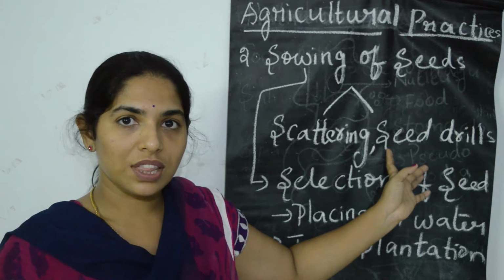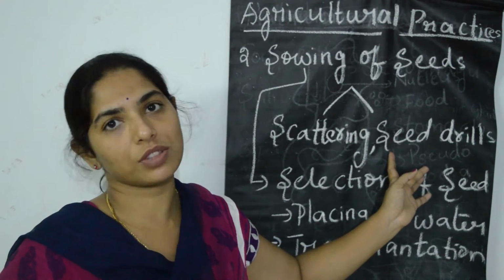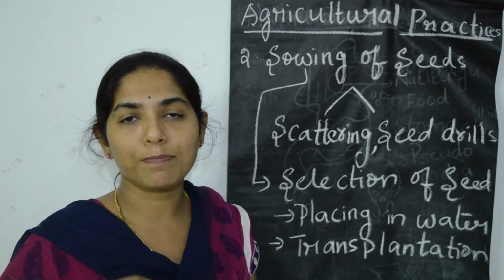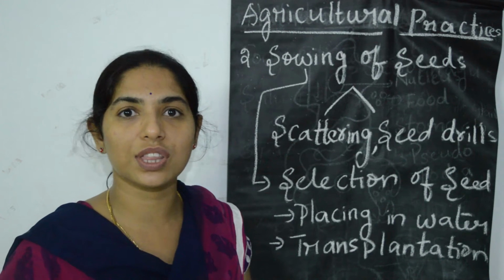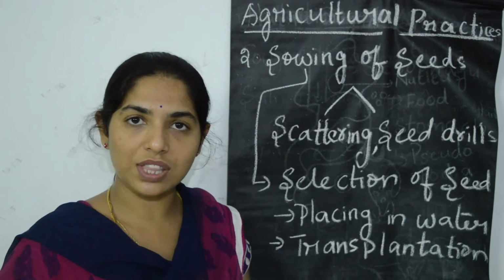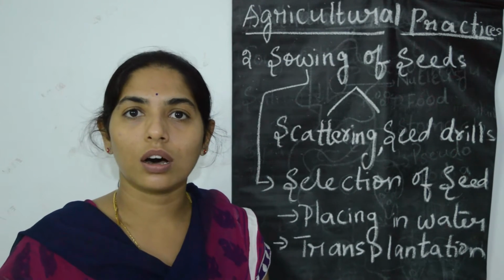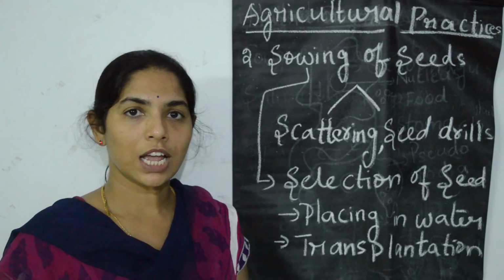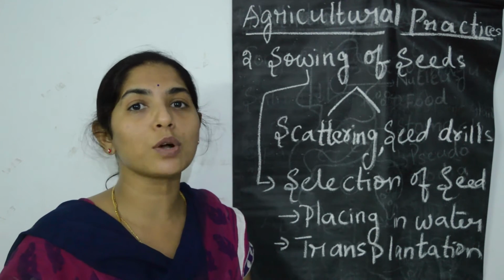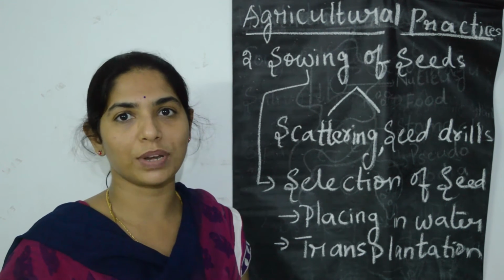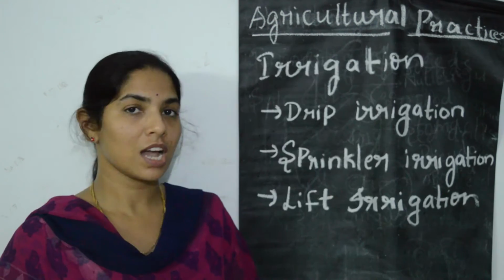When this plough moves, it creates furrows in the soil and the seeds are placed at proper depths, and it also covers the seeds with soil. So there is no way for the seeds to be eaten by birds, and the seeds are placed at proper depths and equal spacing. So there is no competition among the seeds for germination.